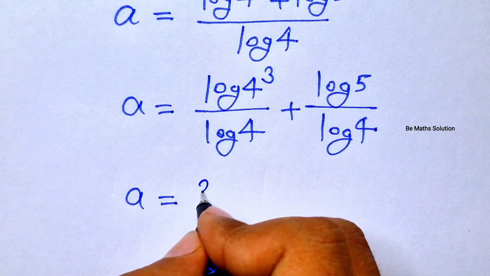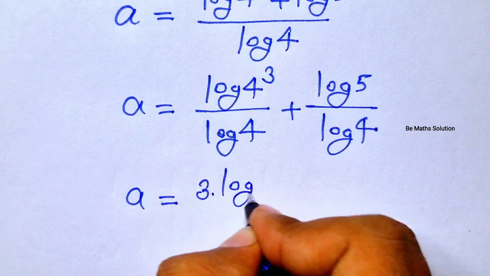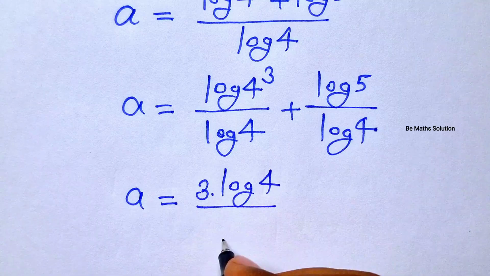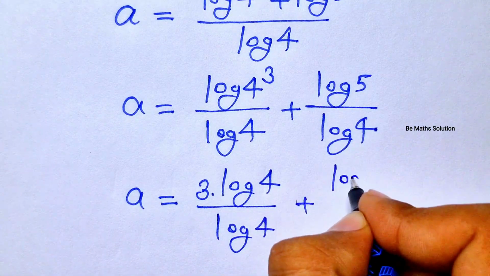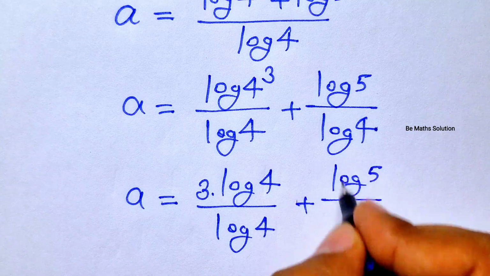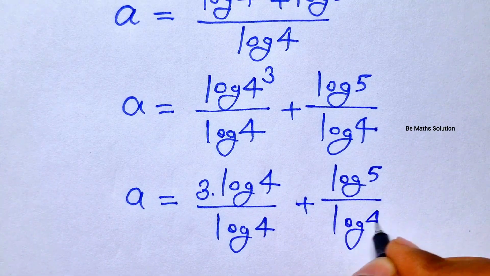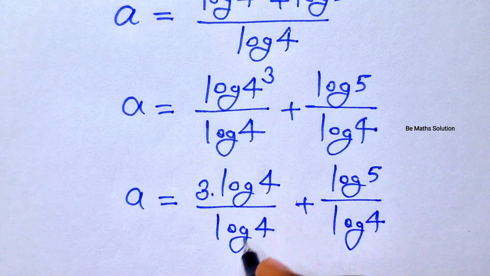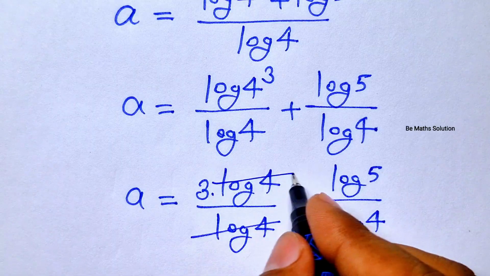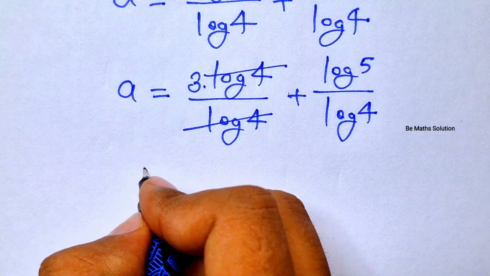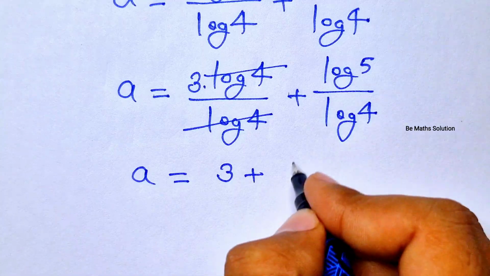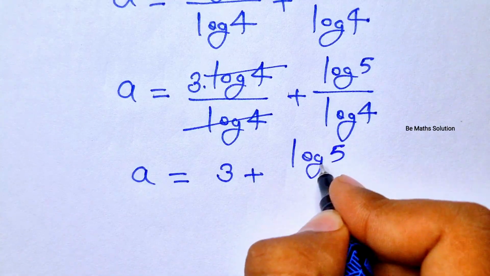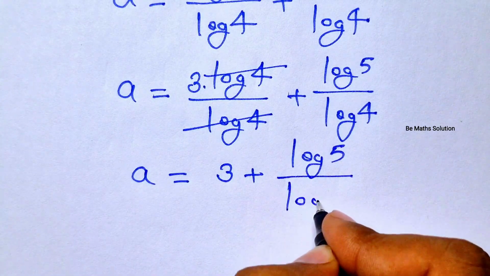So it will be 3 times log of 4 over log of 4 plus log of 5 over log of 4. Now this log of 4 and this log of 4 are cancelled. So a is equal to 3 plus log of 5 over log of 4.